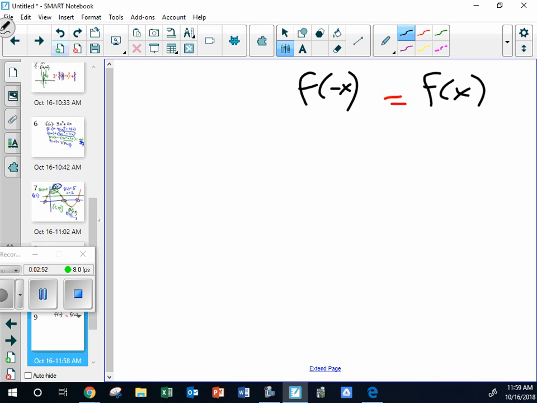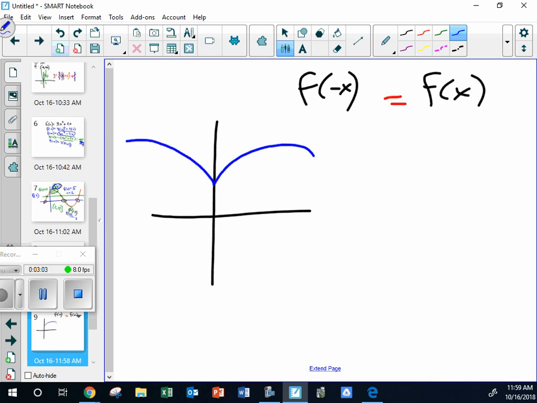If you stick negative x into the function and it comes out the same as it did before, then it would look like this. Like a seagull. There, that's better. Okay, that one has y-axis symmetry, and so it's called an even function.